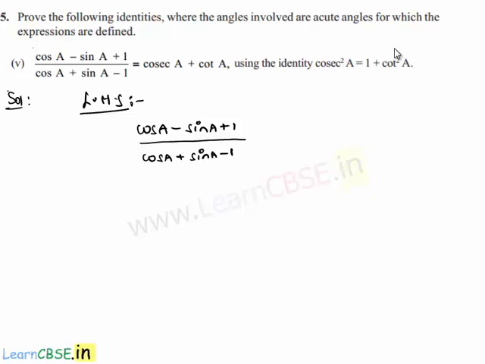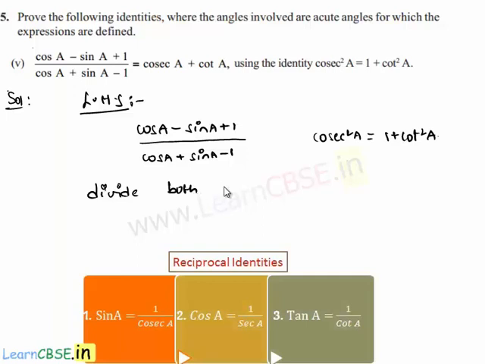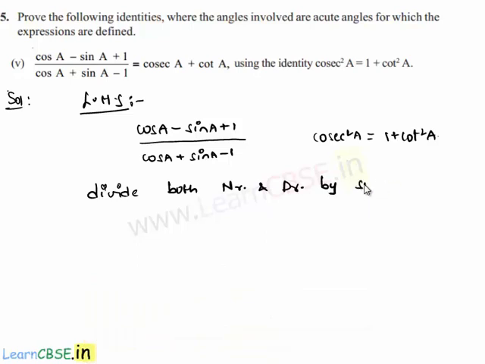As he asked us to prove the equality using the identity cosecant square A is equal to 1 plus cot square A, let us convert the given expression in terms of cosecant A and cot A. In order to do that, divide both numerator and denominator by sin A.